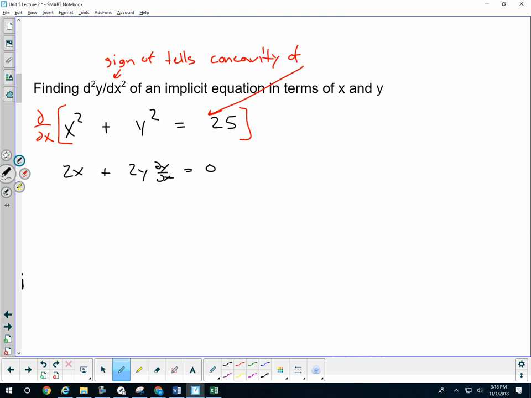We could take the derivative again right now, but it's tricky. I'll show you what happens if I take the derivative again right now after we do it the way that I would recommend. Instead of taking the derivative right away, I'm going to solve for dy dx. Subtract 2x, divide by 2y, just like we've been doing, we get -x over y. Because I can cancel those 2's, right? It's nice if we can cancel.